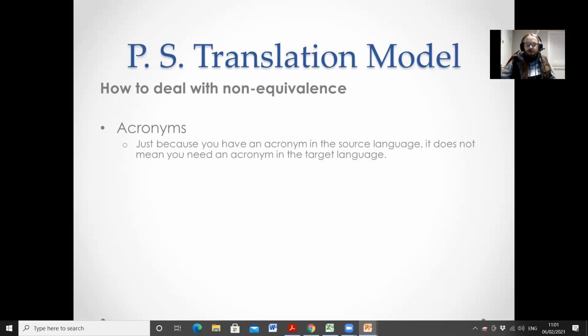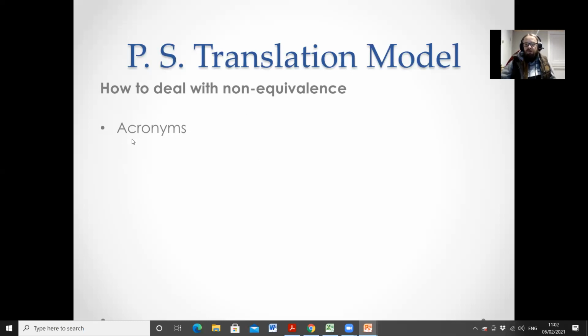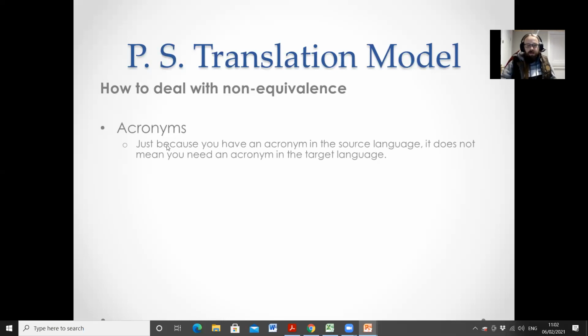How do you translate acronyms or these abbreviations you will most likely encounter at some point in the exam, in either one paper or the other? Well, first rule of thumb: just because you have an acronym or abbreviation in the source language, it does not mean that you need one in the target language.